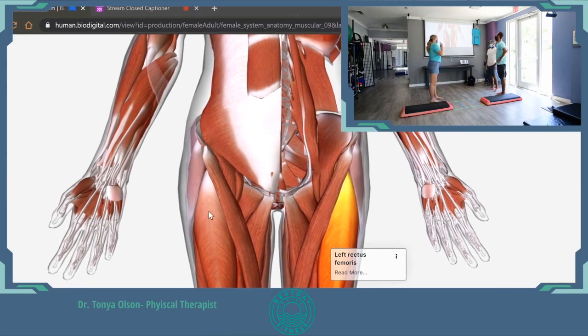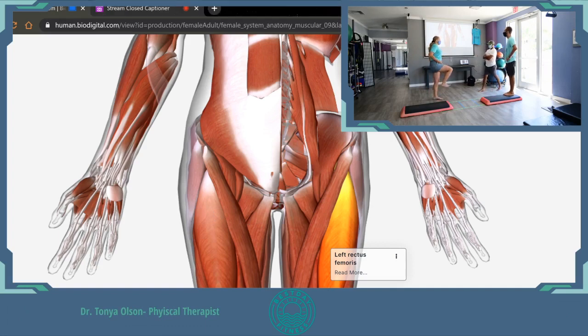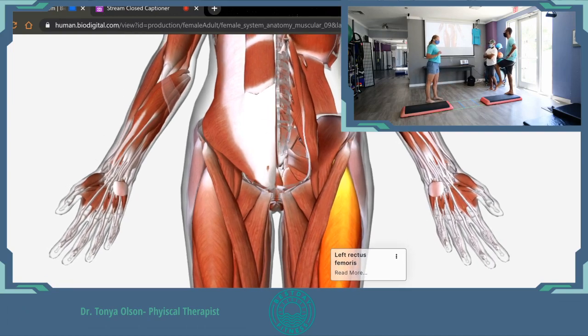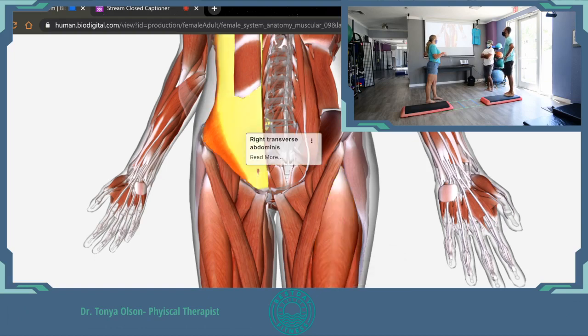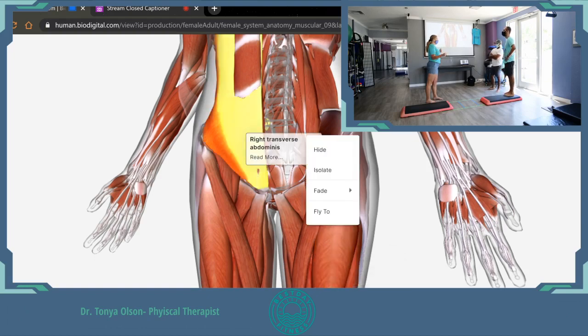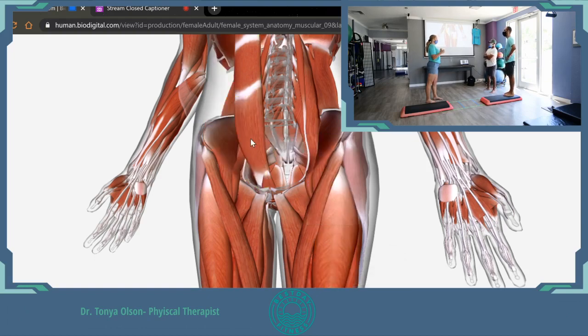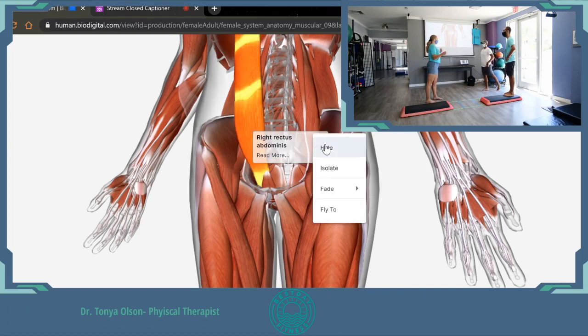So what's really important about the rectus femoris is that the vast majority of people that we see have tight hip flexors from our habit. We spend a lot of time sitting. And what folks don't realize is that creating muscle length through stretching is not happening. You're not actually lengthening the tissues with a 30-second stretch.